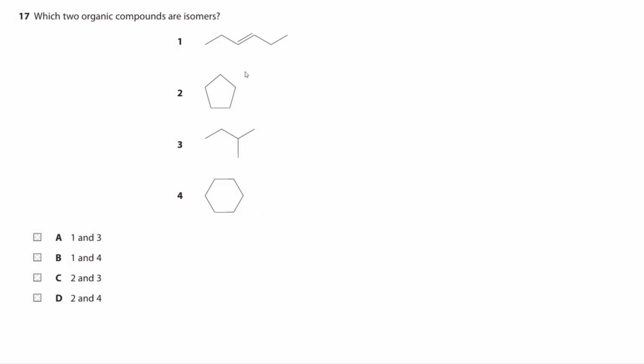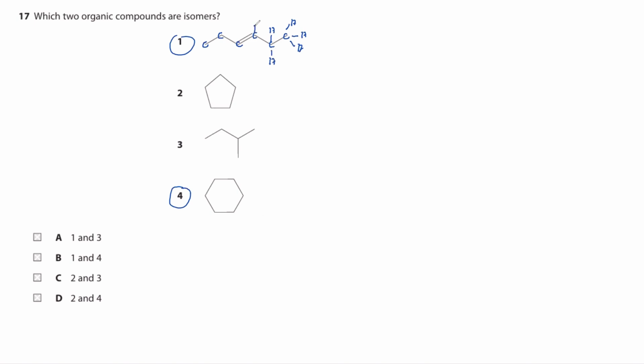For example, we can take 1 and 4 again. Isomer means they have the same molecular formula. I'll redraw it to give you the right idea. We have 6 carbon atoms, and each carbon has to have 4 bonds. So CH3 here, and 2 hydrogens here.